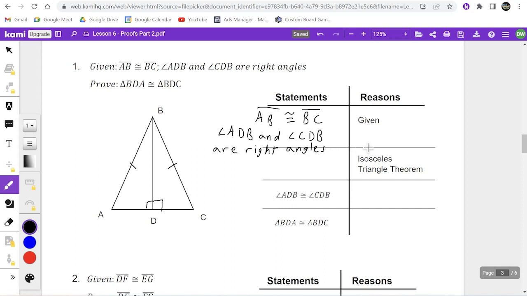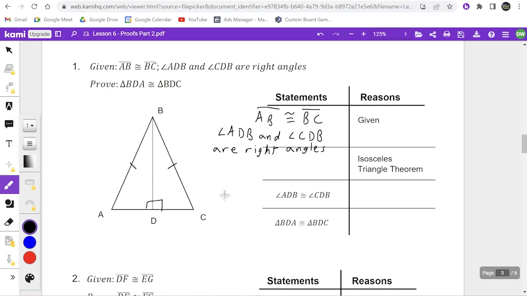Pretty straightforward. Next, you see the reason is the isosceles triangle theorem. And I already know that these two sides, AB and BC, are congruent. Does anyone want to take a guess as to what two angles are congruent because of the isosceles triangle theorem? Which two angles? Yes, because we already have two sides. That means two angles are also congruent.